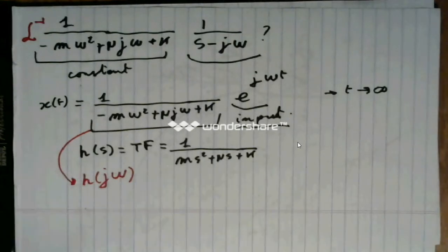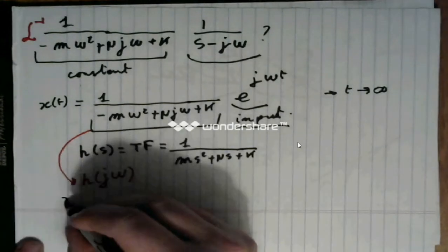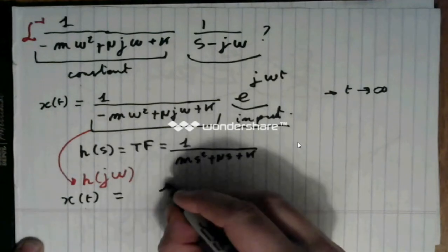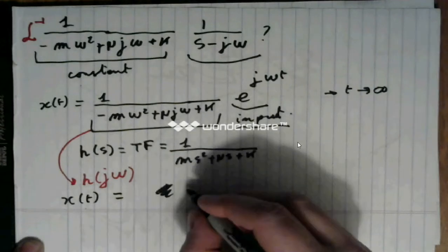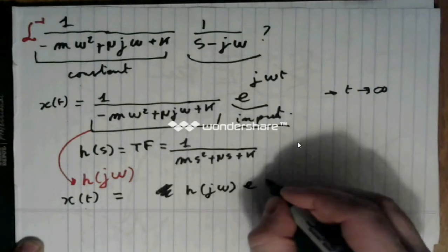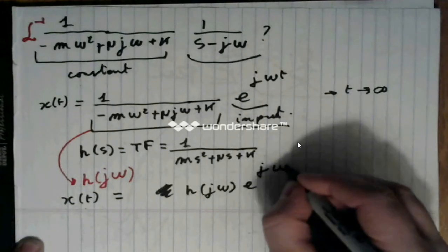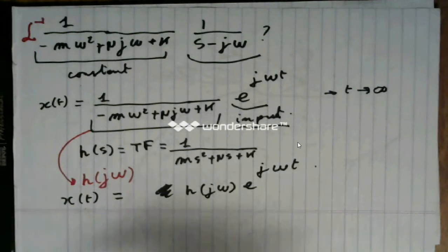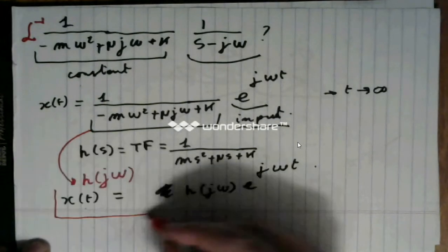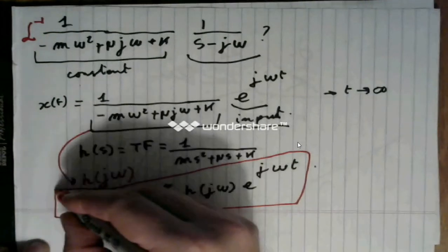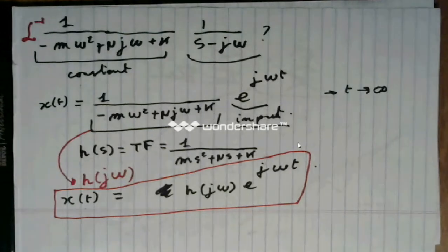We therefore find that x of t is equal to h of j omega times e to the j omega t. That is a very important result. And I'm going to detail for you how and why now.